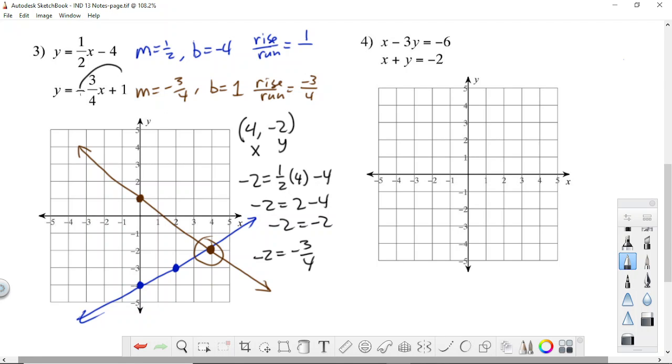Now we're doing this one, right? Or I should circle the whole equation if I'm going to circle something. That one. So -2 equals -3/4 times x, which is 4. Okay, and then plus 1. So we get -2 equals, the 4's cancel, -3 plus 1. Marvelous. -2 equals -2.